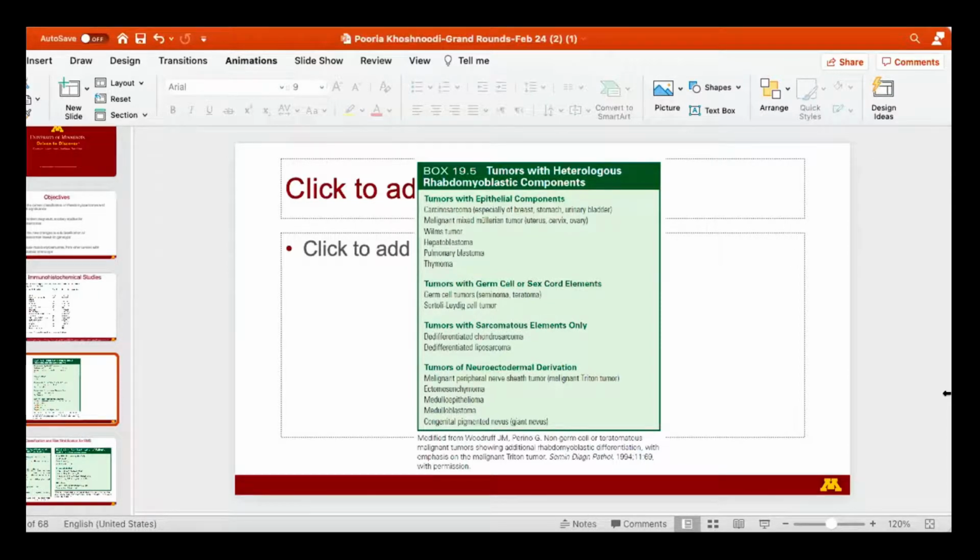So thank you, Pooria. It was an excellent talk and very good coverage of different mutations. And you listed appropriately all the mutations with different entities.